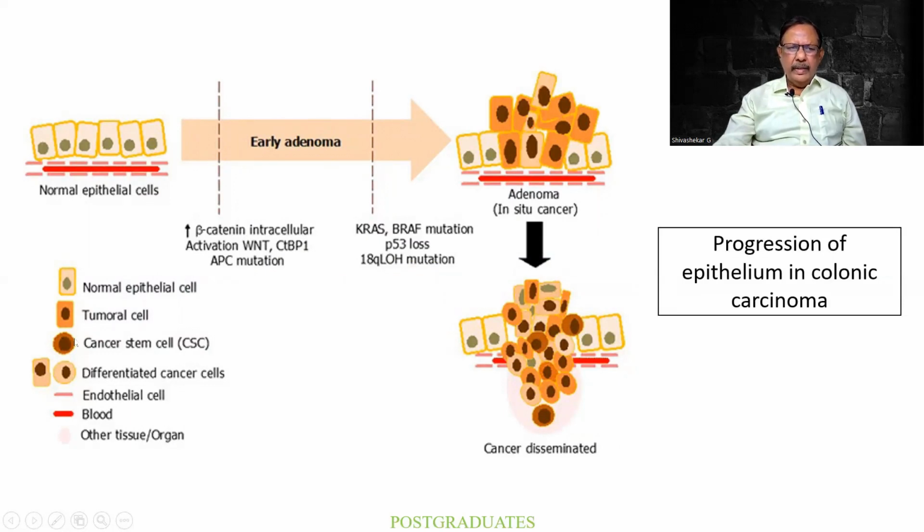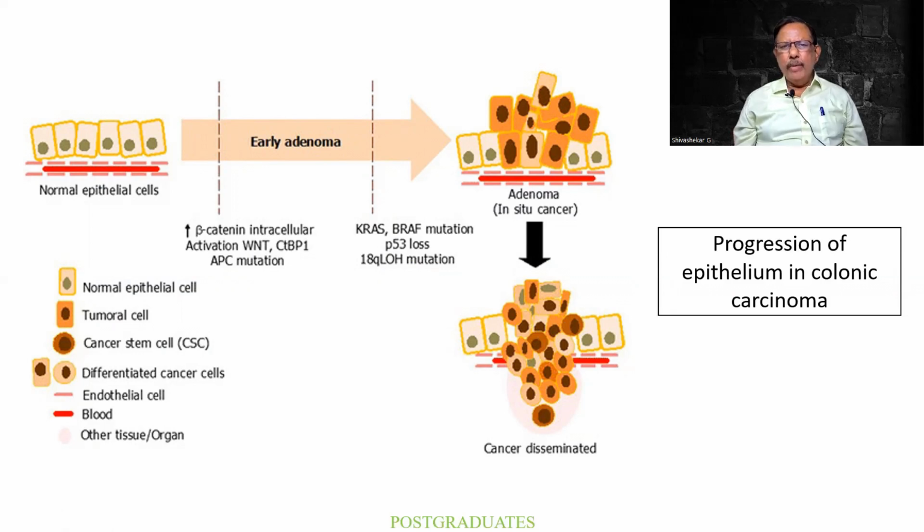Clear. But then there is one element called the cancer stem cells. So look at this one. These are all cancer stem cells which come into action and there is a proliferation of this. So it is not just epithelial cells that are proliferating. There is a stem cell that helps in the proliferation. Once it goes to the stem cell, there can be an element called de-differentiation.